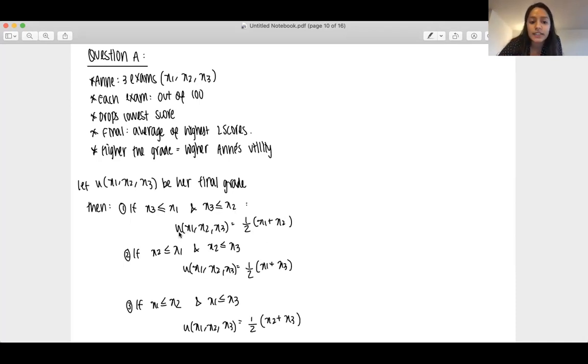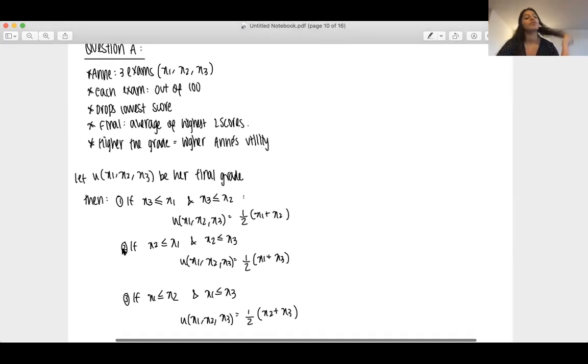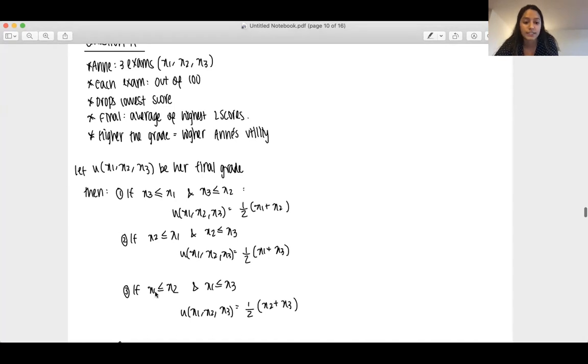Then the utility that she gains, or her final score after these exams, would be half of x1 plus x2. It's a pretty simple equation. It's just an average of her highest 2 grades. And here I've written the same for if x2, her second exam score, is the lowest, and here if x1, her first exam score, is the lowest out of the 3.